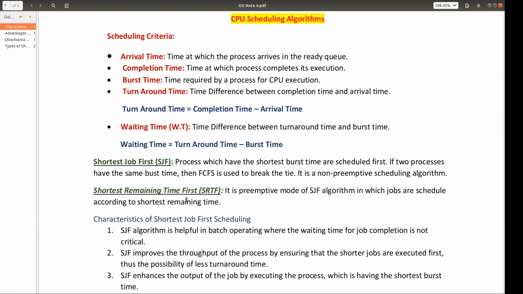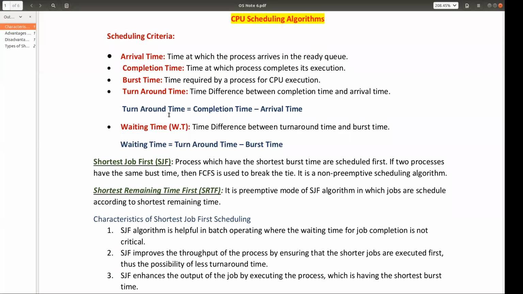That is the preemptive version of the SJF algorithm, where we forcefully take away a process from the CPU if our next process's CPU burst time is shorter than the remaining burst time of this process. We will see both of these.